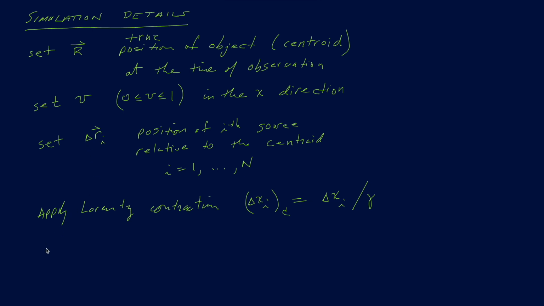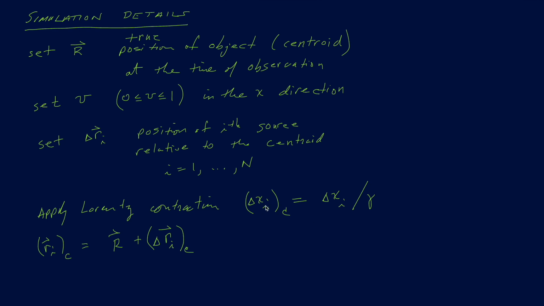Now we can get the actual absolute positions of these things in the reference frame of the observer. And we'll say r sub i, the position of the ith source, is equal to r, this thing up here, plus delta r sub i subscript c for contracted.